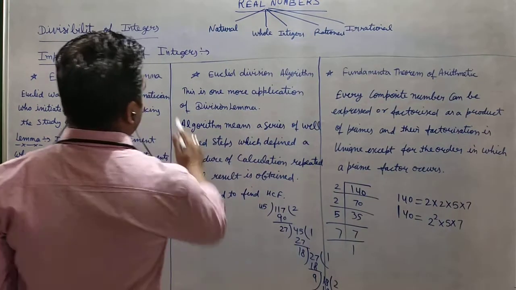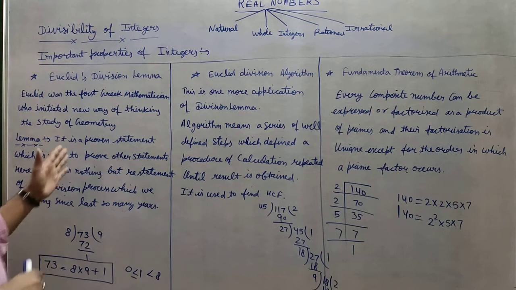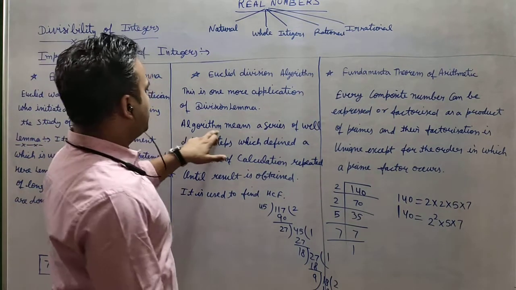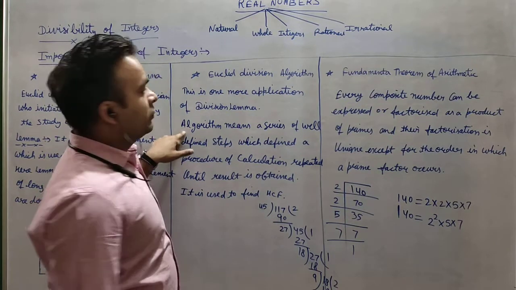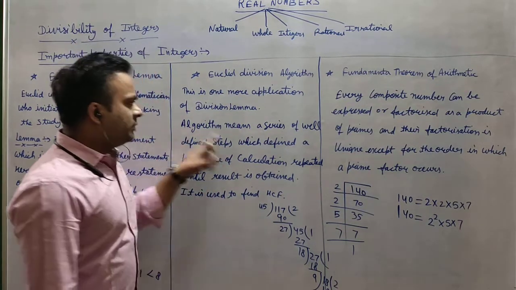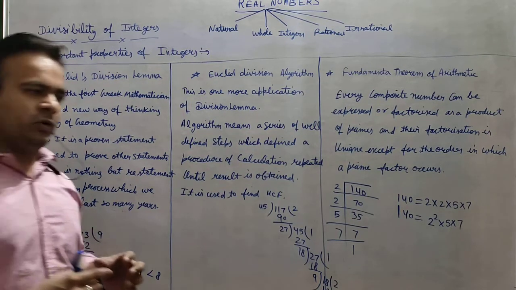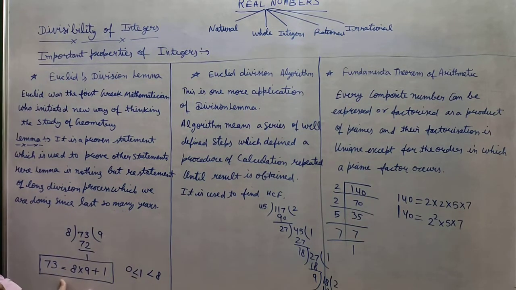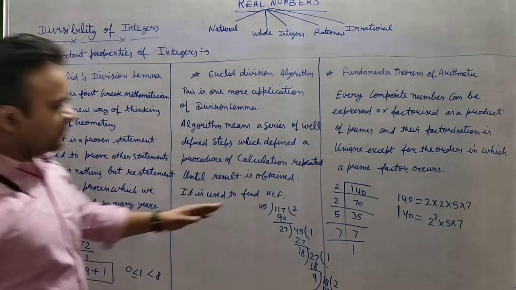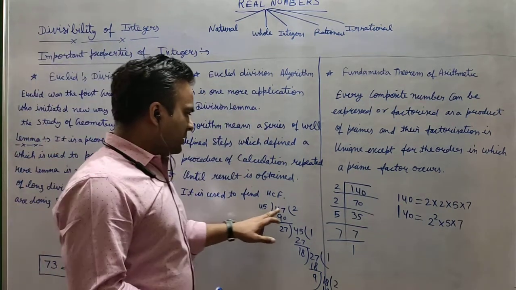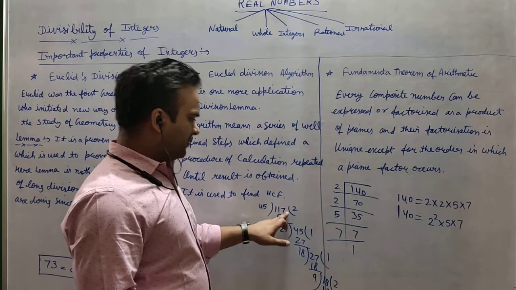Now the Euclid division algorithm is one more application of the division lemma. We have used the word algorithm here. What do you mean by algorithm? Algorithm means there is a series of steps. We are again using this particular expression, but suppose I have a long division here, 117 divided by 45.